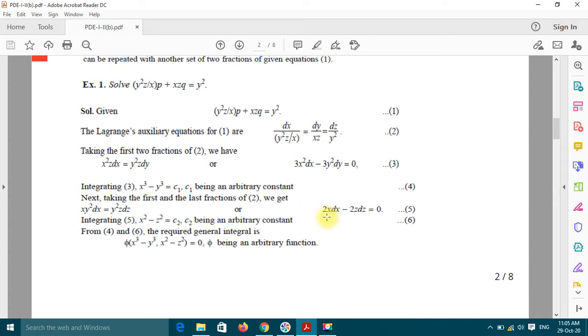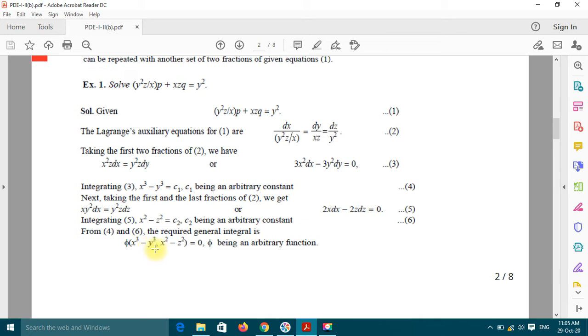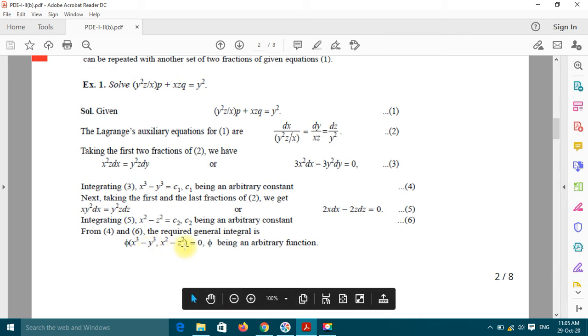So we multiply with 2: 2x dx minus 2z dz is equal to 0. Now integrate it, then we get x square minus z square is equal to C2, where C2 is an arbitrary constant. So the general solution of this differential equation is phi of x cube minus y cube comma x square minus z square is equal to 0. This is our solution, where phi is the arbitrary function.